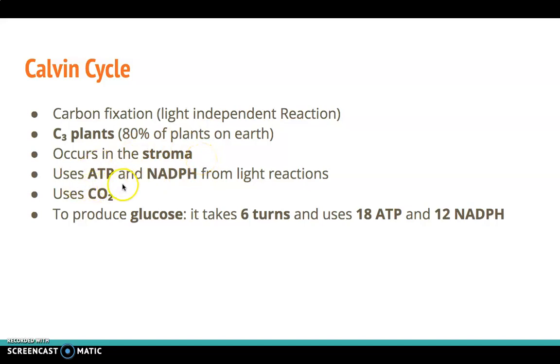It uses ATP and NADPH from the light reactions, so from the non-cyclic photophosphorylation, and it uses carbon dioxide to produce glucose. It takes 6 turns and uses a total of 18 ATP and 12 NADPH. Six turns meaning it needs a total of 6 carbon dioxides, 18 ATP, and 12 NADPH to make one glucose molecule.